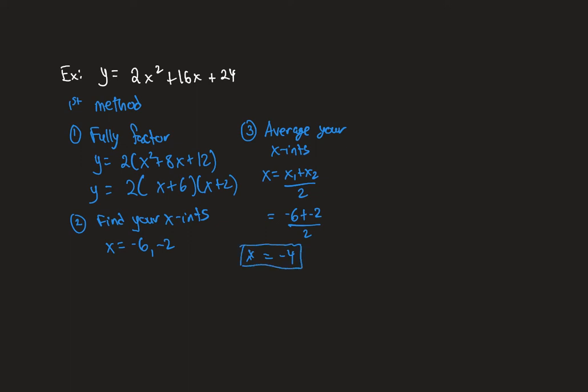This happens to be the x value of my vertex, otherwise known as the axis of symmetry. To find the y value, you go to our final step here, which is subbing it into the equation.